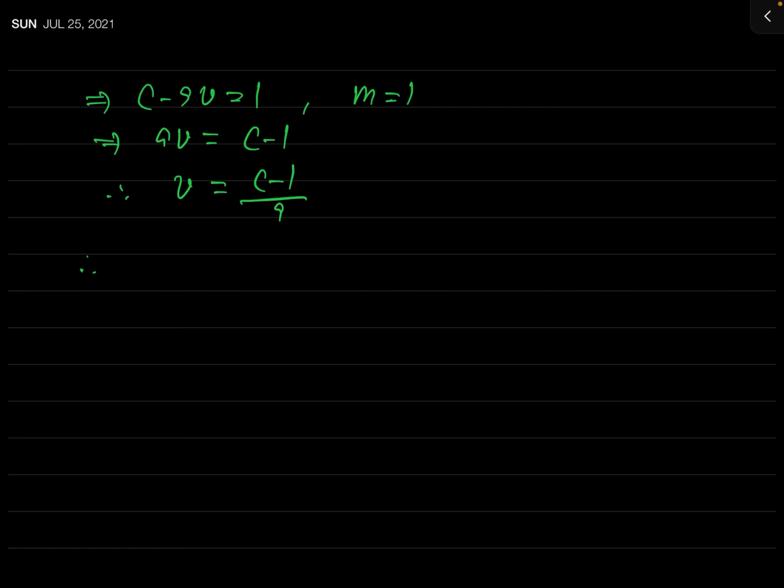This is actually P, the distance of the second principal point H2 from the pole O2. So P is c minus 1 over a. From the equation for magnification, we have obtained both of the principal points in terms of the constants A, B, C, D.